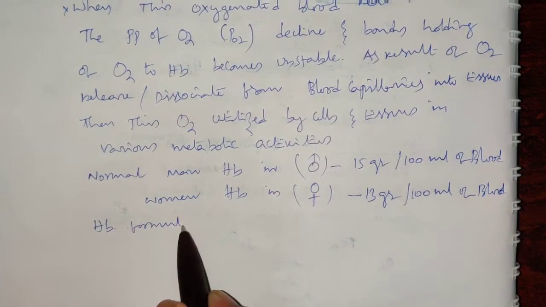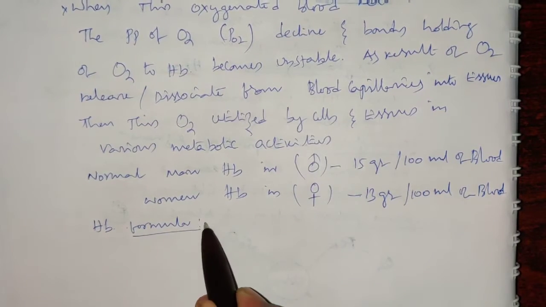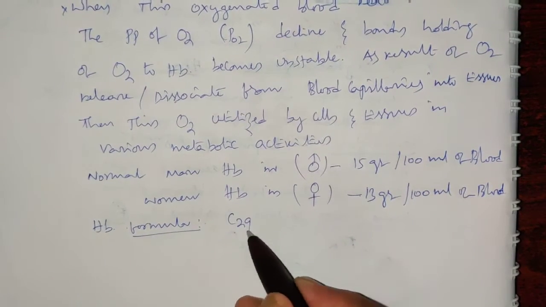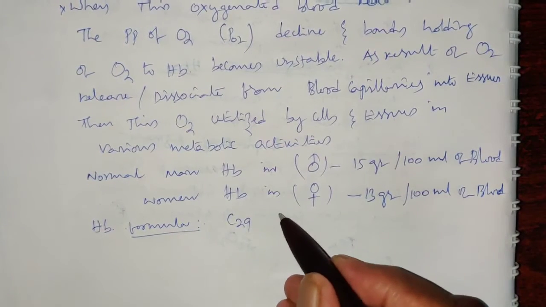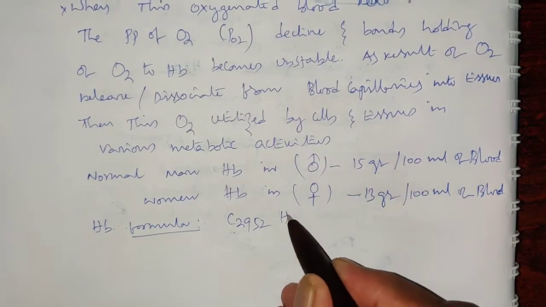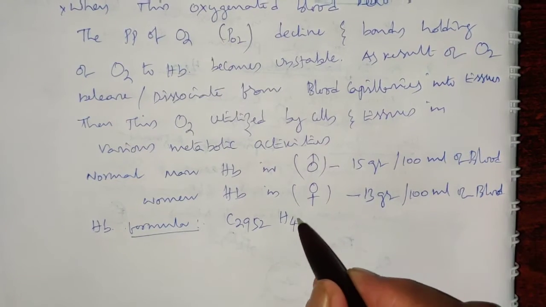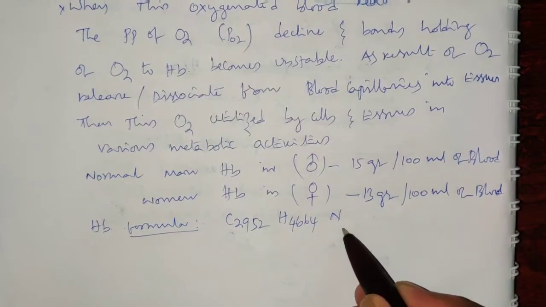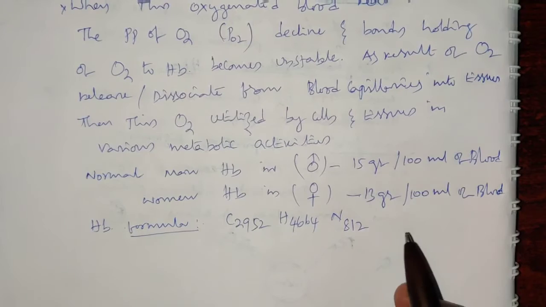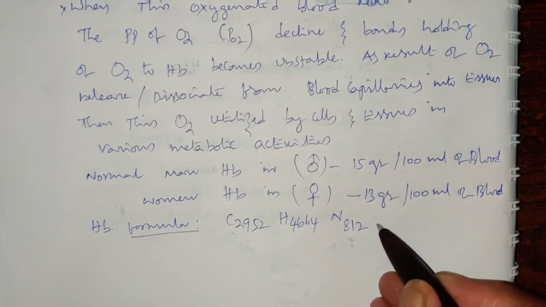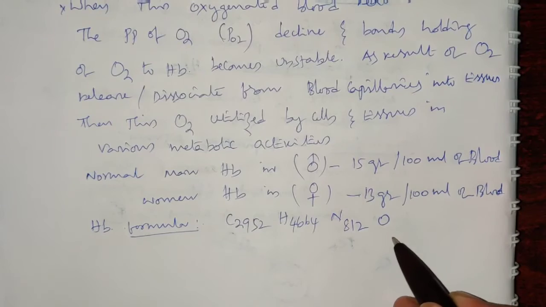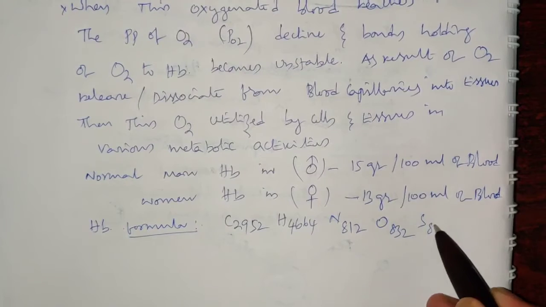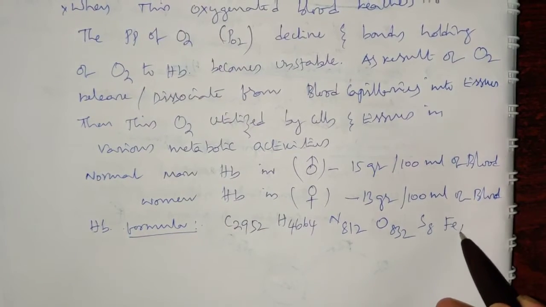The formula of hemoglobin is C2952 H4664 N812 O832 S8 Fe4.